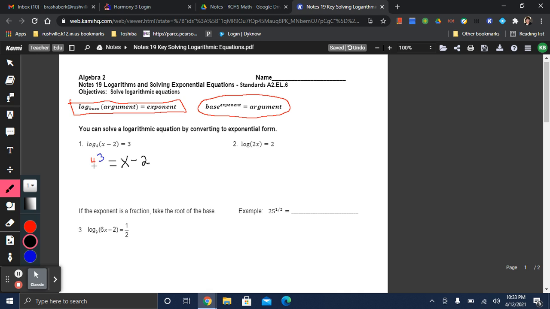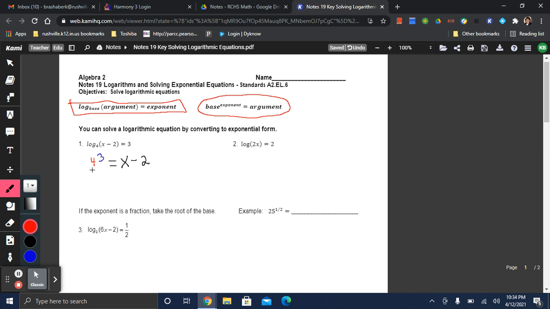So again, your 4, which I've written in red, is the base. Your 3, I've written in blue, that's the exponent. And then the x minus 2, the argument, is what we set that equal to. And then whatever the equation turns out to be at that point, you solve it.